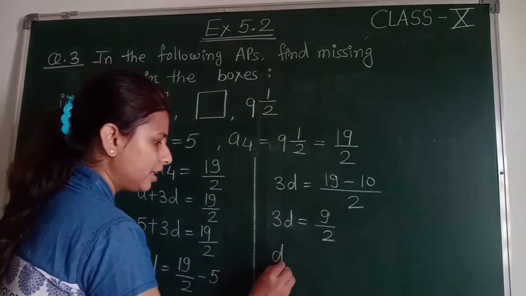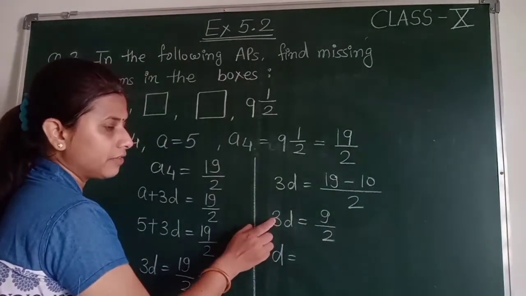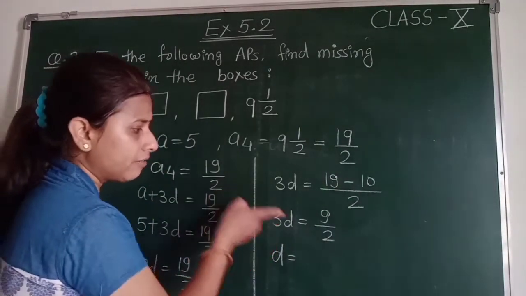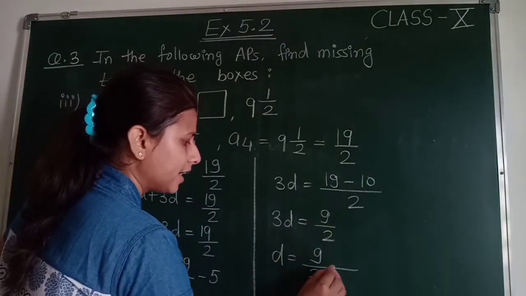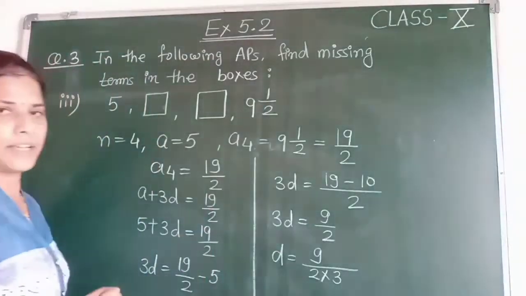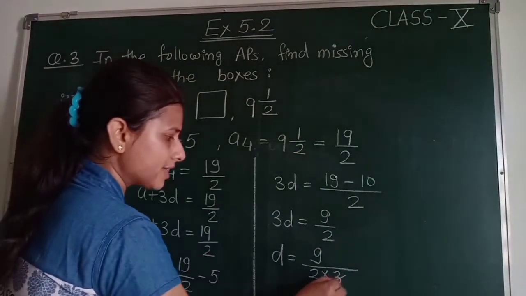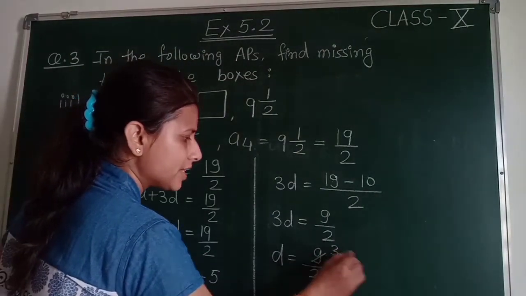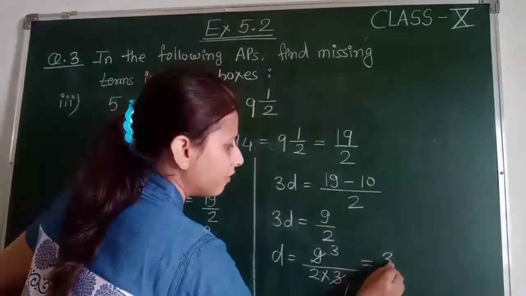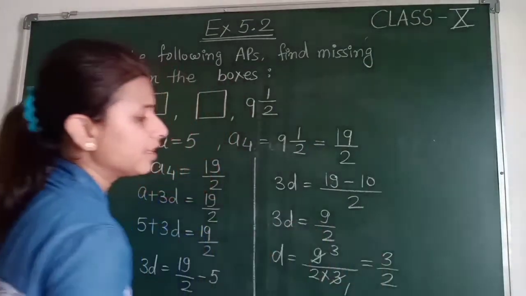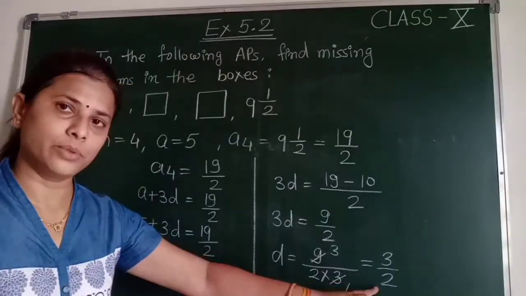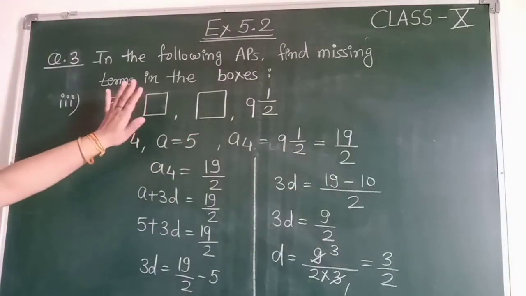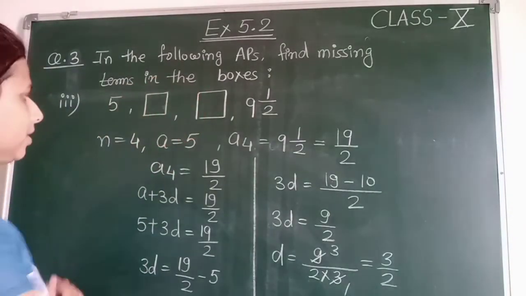Then D equals, we will shift this 3, which is in multiplication, to the right hand side. Now we will cancel out this. 3 1s are 3, 3 3s are 9. So the value of D is 3 by 2. With the help of this value, now we can easily find the second term and third term.